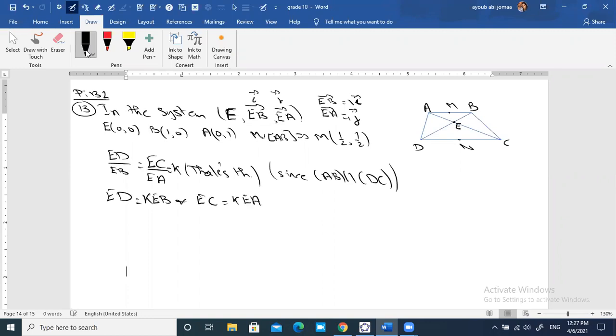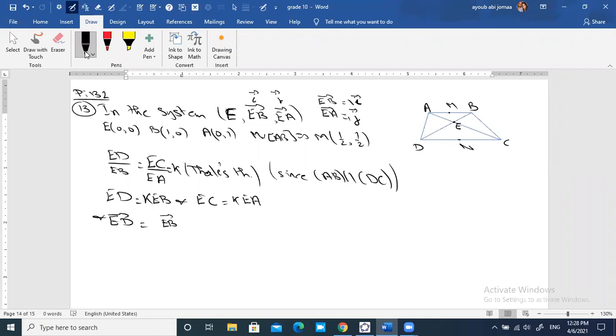But what about the vectors? Vector ED is equal to what, K EB? K is negative, I guess. Good. Here, K is a positive number because we are talking about segments, measures, distances. But vectors ED and EB have opposite signs.